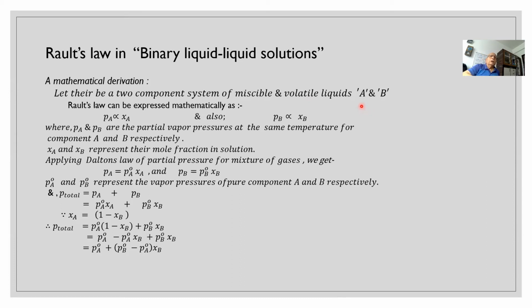We continue with component A and component B. Component A means a liquid having its own name, maybe any liquid; we call it liquid A. The other liquid is B. So according to Raoult's law, the partial pressure of A is proportional to XA, a direct proportion. PA, please mark how we have written partial pressure: P, capital, with A as a subscript.